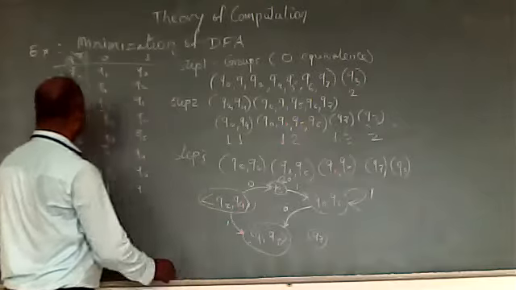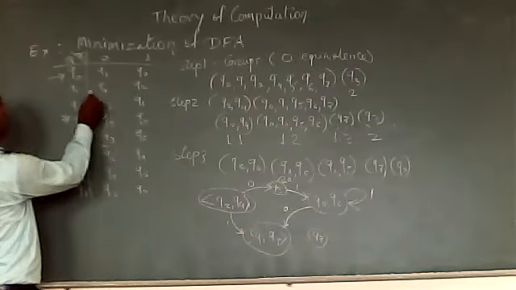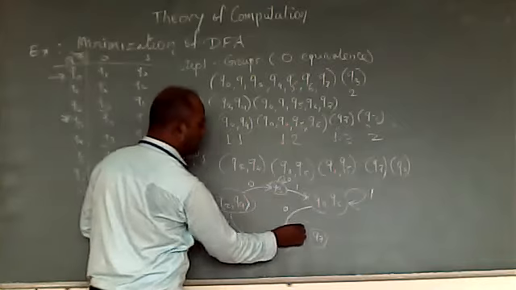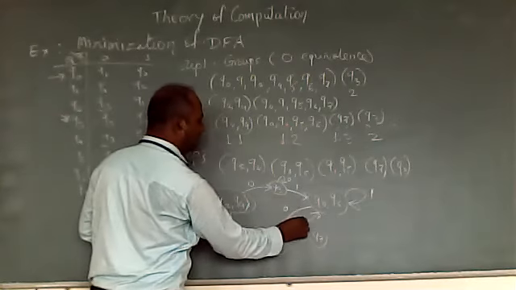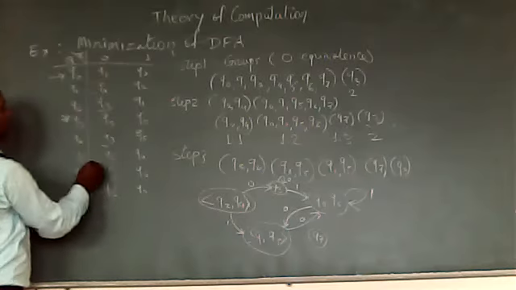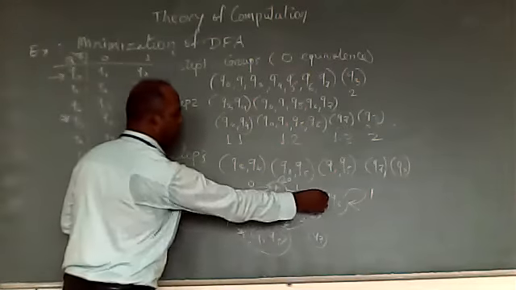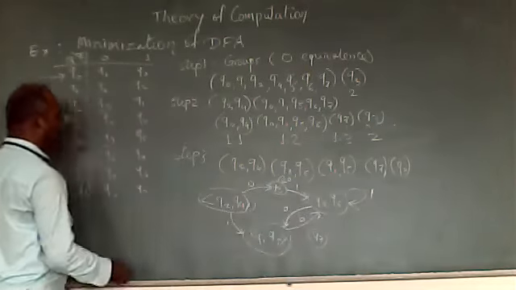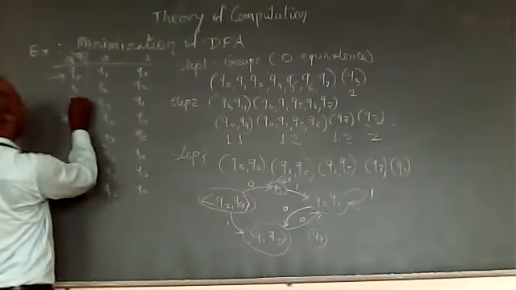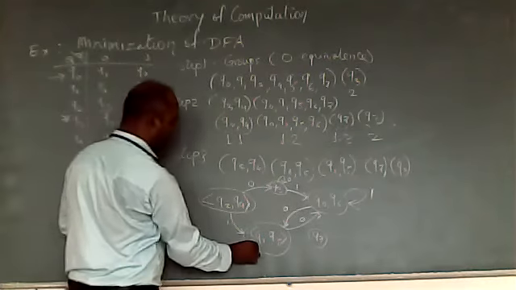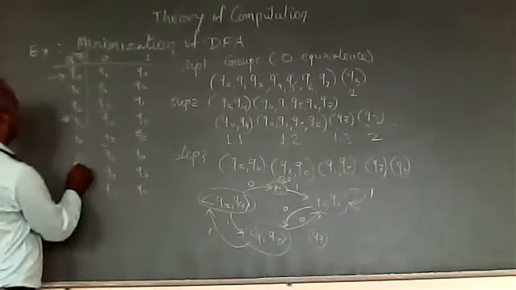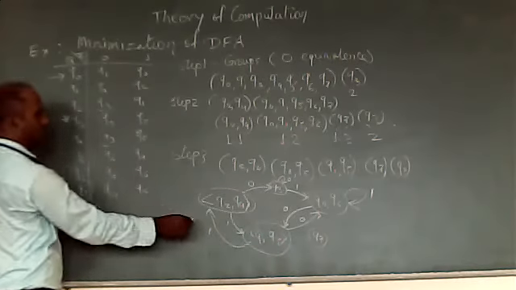Now Q1 and Q5. Q1 with 0 goes to Q0, so that is this 0 transition. Q5 with 0 goes to Q6, yes, same. With the 1 transition, Q1 goes to Q2 and Q5 goes to Q4, yes.